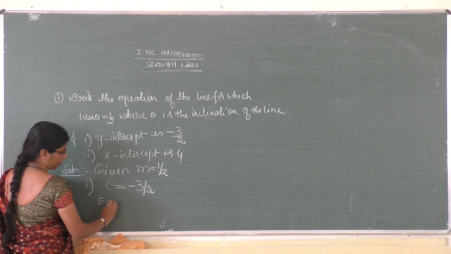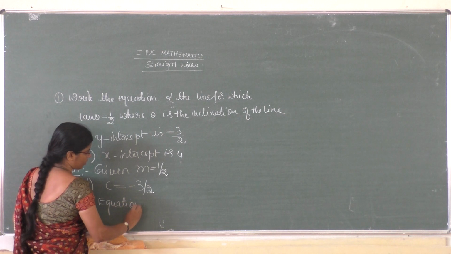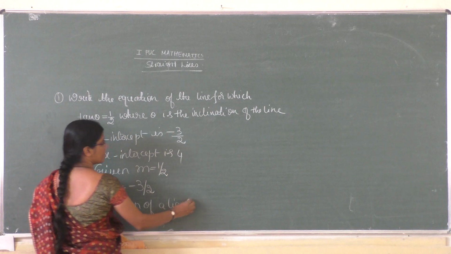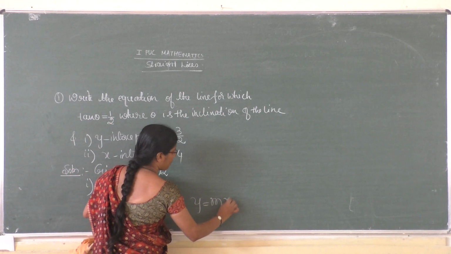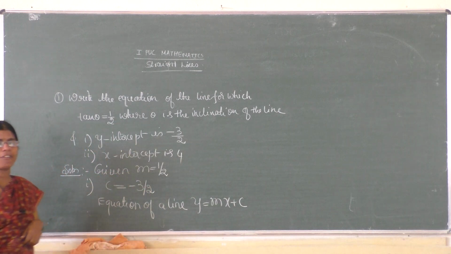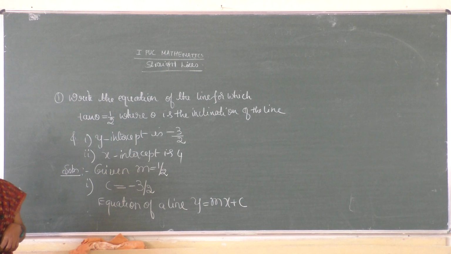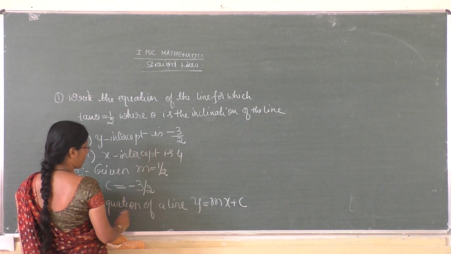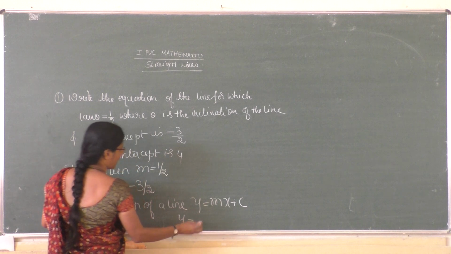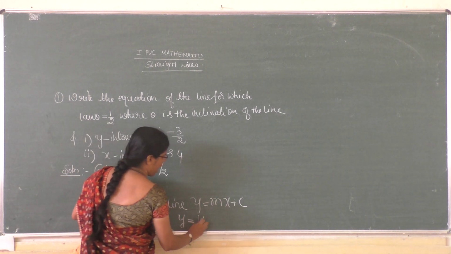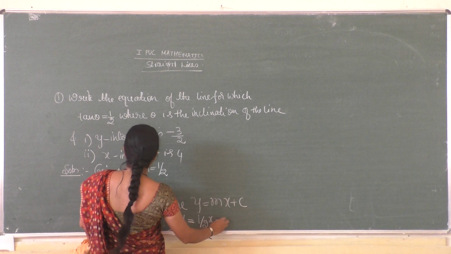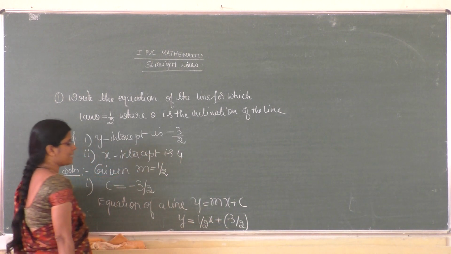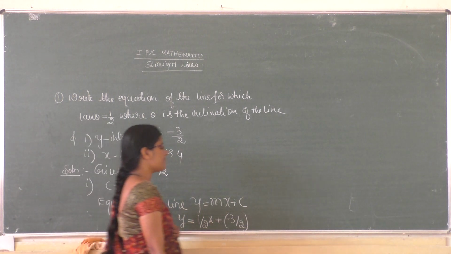Equation of a line is given by y is equal to mx plus c. So what we have, m is equal to half, so y is equal to half x plus c. C is minus 3 by 2.